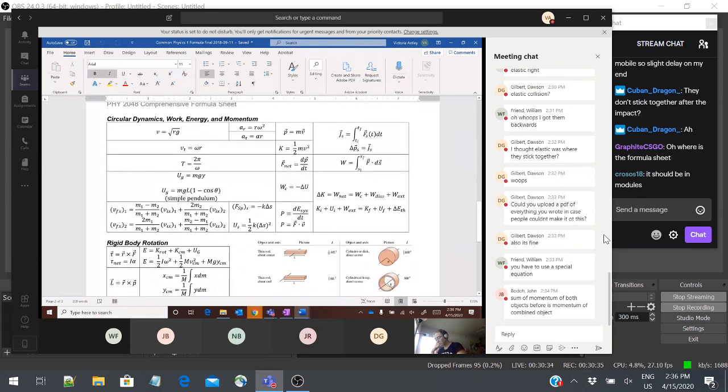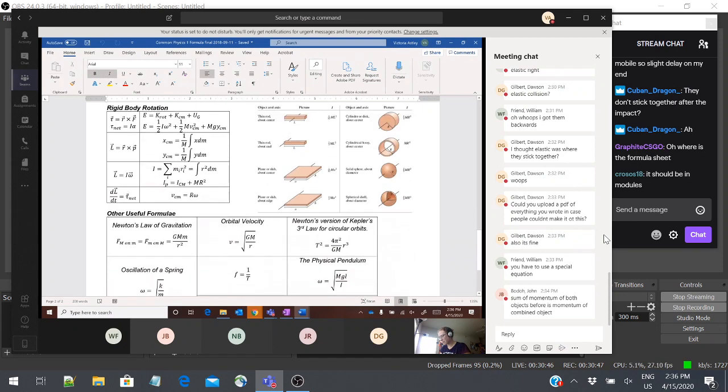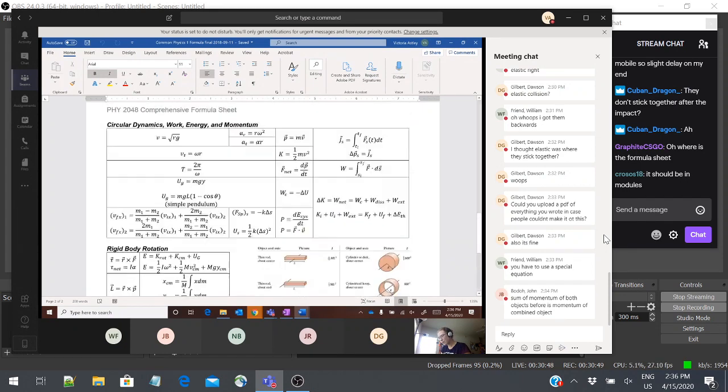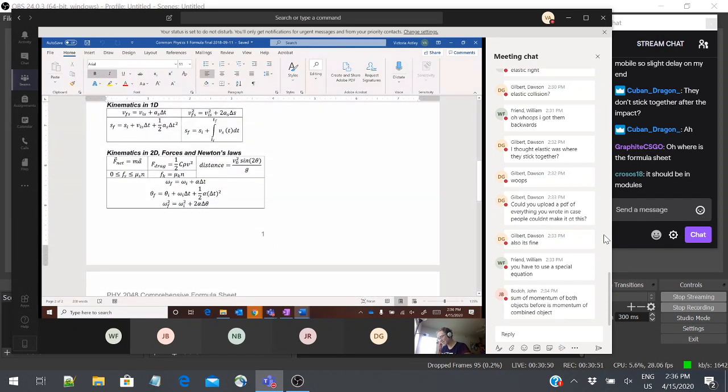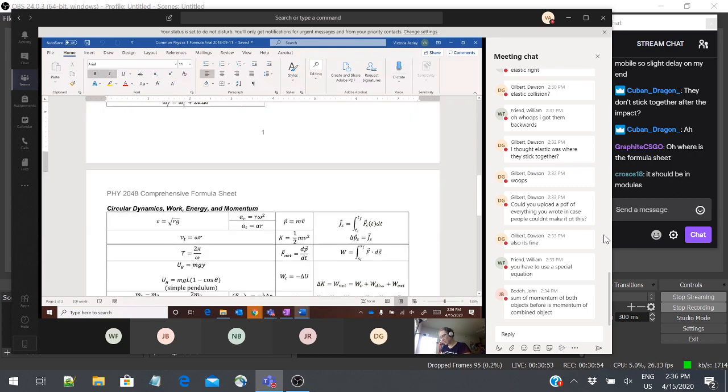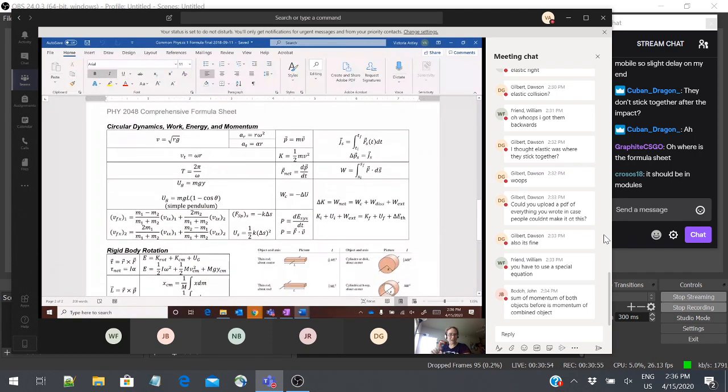So you might notice momentum conservation is not one of the equations on the formula sheet because it's like Newton's third law. How would you put Newton's third law on a formula sheet? It's hard to put it on a formula sheet and have it make sense. Right? Newton's third law is that forces are part of a pair, right?